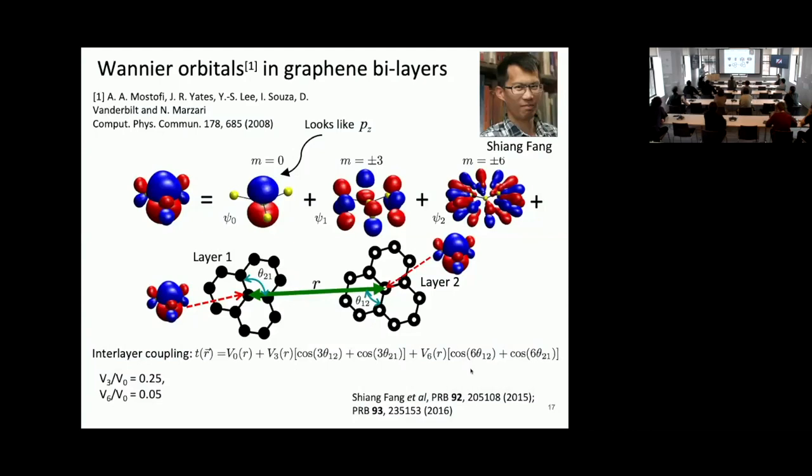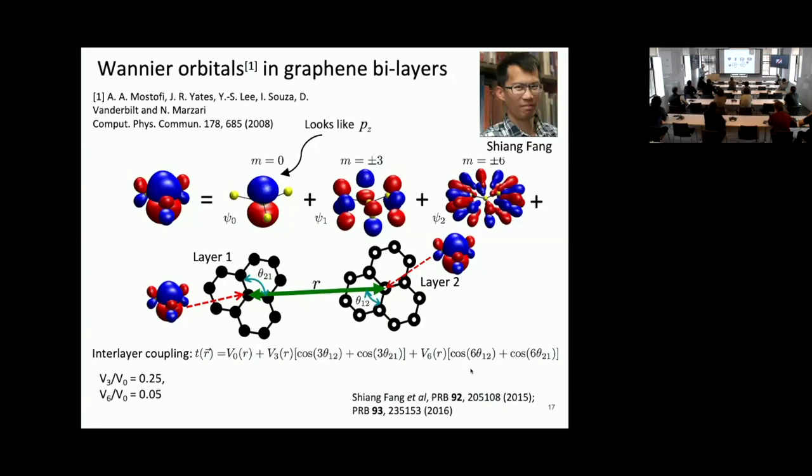So you can construct, by unitary transformation, localized states in space that give the same physics as the extended states in periodic systems. So this is what we find for the localized states in graphene. You do have the contribution of the pz orbital as expected, but also you have higher angular momenta.